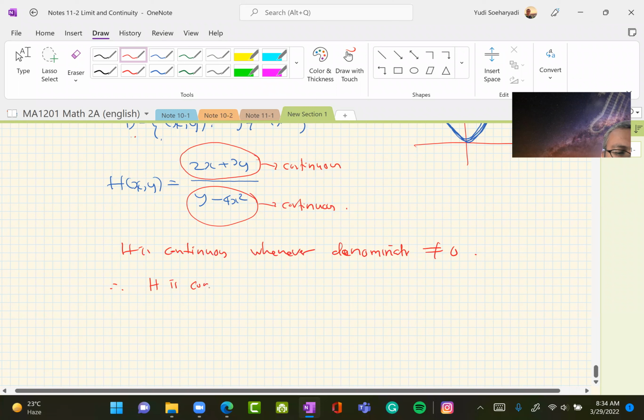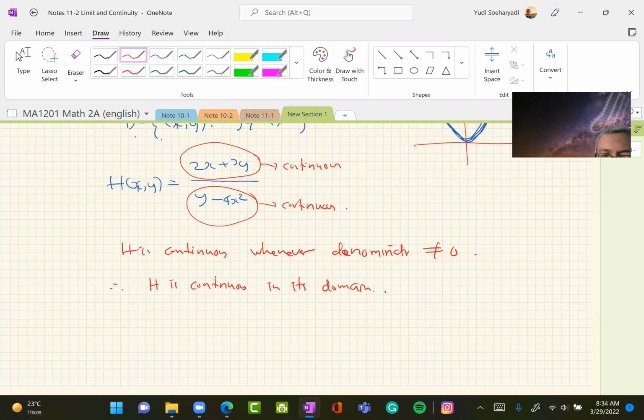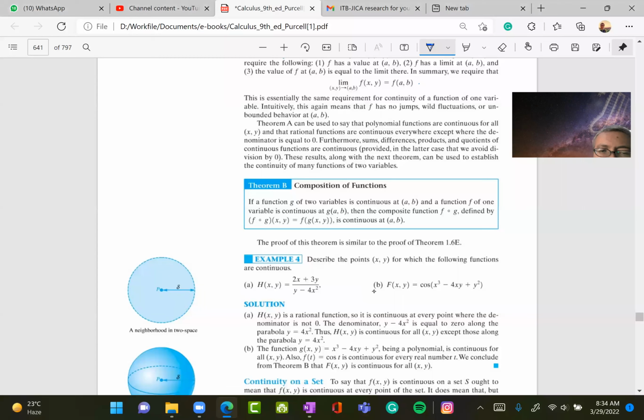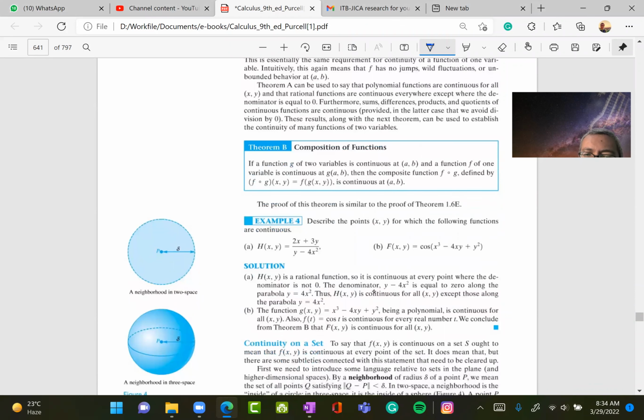it is continuous in its domain. All right. F is cosine of this, right?